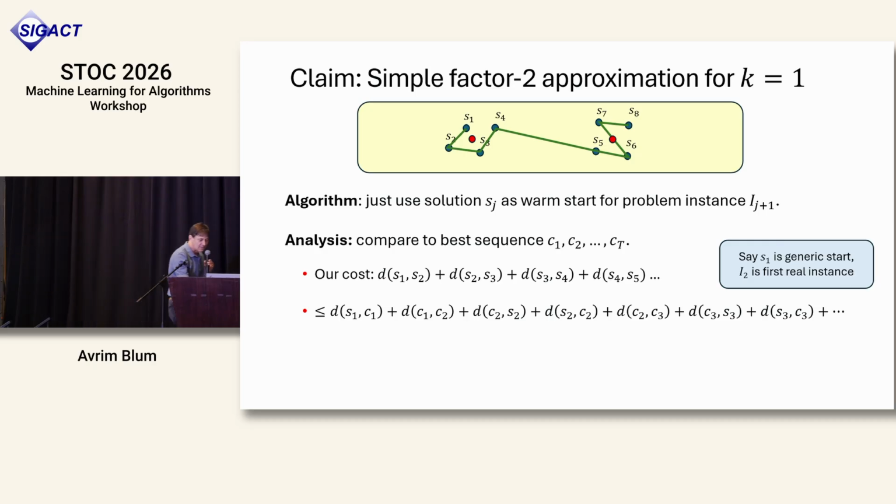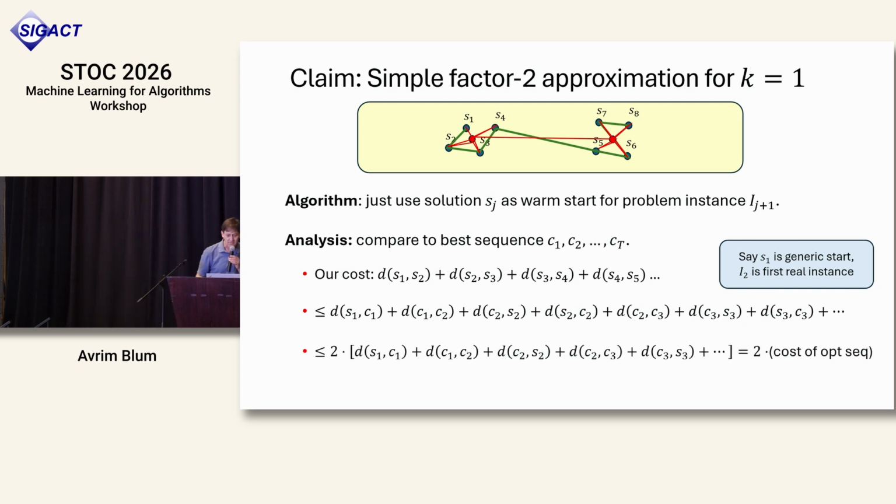So this green path is at most the cost of moving to the red dot, then to the next one, then back to the red dot, then to the next one, and so forth. This is kind of like the MST and TSP argument: we're just taking the optimal and doing each step at most twice. So this is at most 2 times the cost of the optimal sequence. A nice factor of 2 is to just use the previous instance's solution as the warm start for today's instance.